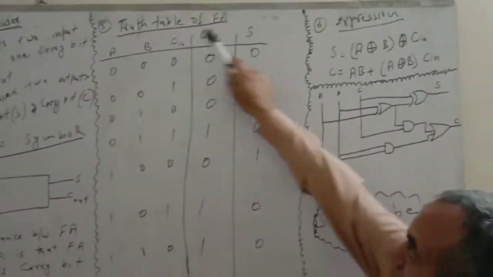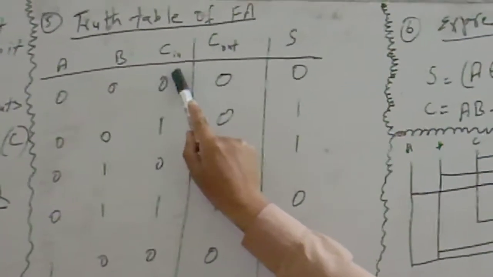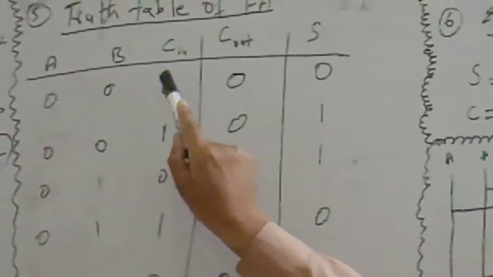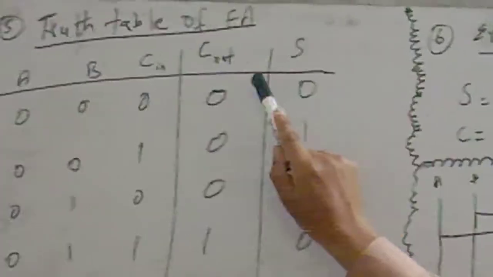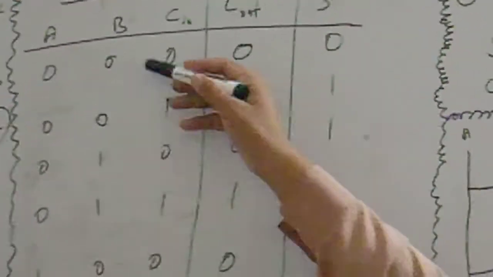Here in this part I have shown you the truth table of the full adder. Three inputs, A, B and carry in, are given as inputs, producing two outputs, C out and S, the sum bit. I have mentioned all the possible states, and regarding these states, carry out and sum bits are shown in the truth table.